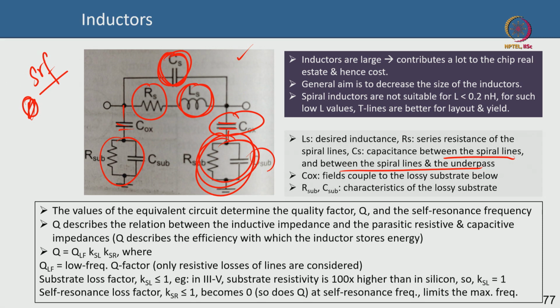Okay. Now when you have a larger metallic area or footprint, you also increase the capacitive coupling to the substrate, and so your inductor will now start behaving as a capacitor at a lower frequency. That is why your self resonance frequency will reduce. I will show you plots of all of this, so it will become even clearer as we go ahead in the lecture.